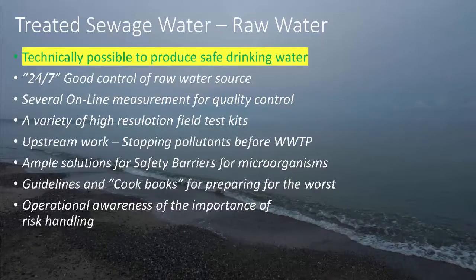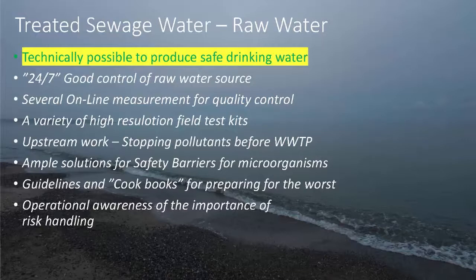First, in a larger plant, you have 24/7 a good control of the raw water source. You have operations, you have a knowledge of how the incoming quality flows will vary. Also in the treatment plant, you have online measurement for quality control. In bigger plants, you have an operational lab where you can run analysis on a routine basis in the plant.